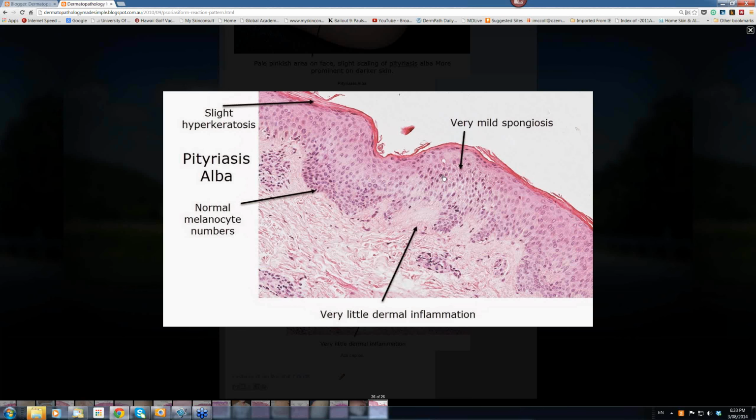Those cells are a little bit separated there. You see the spaces in between. So you've got mild spongiosis there. Very little in the way of dermal inflammation. So, slight hyperkeratosis here. The problem is this is another one of those biopsy specimens that may appear to have very little in it when you look at first. So you really need a bit of history to help you here, and you need to look closely for these fairly subtle spongiotic features.